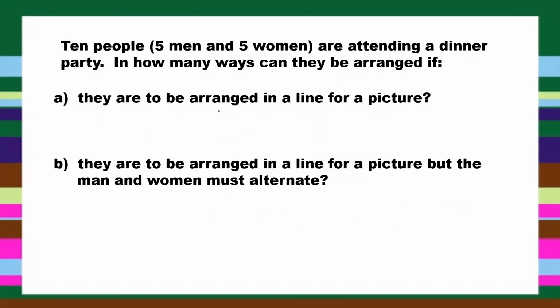10 people, 5 men and 5 women are attending a dinner party. In how many ways can they be arranged if? So I want you to answer this now. Ilalagay ko to sa group ninyo.